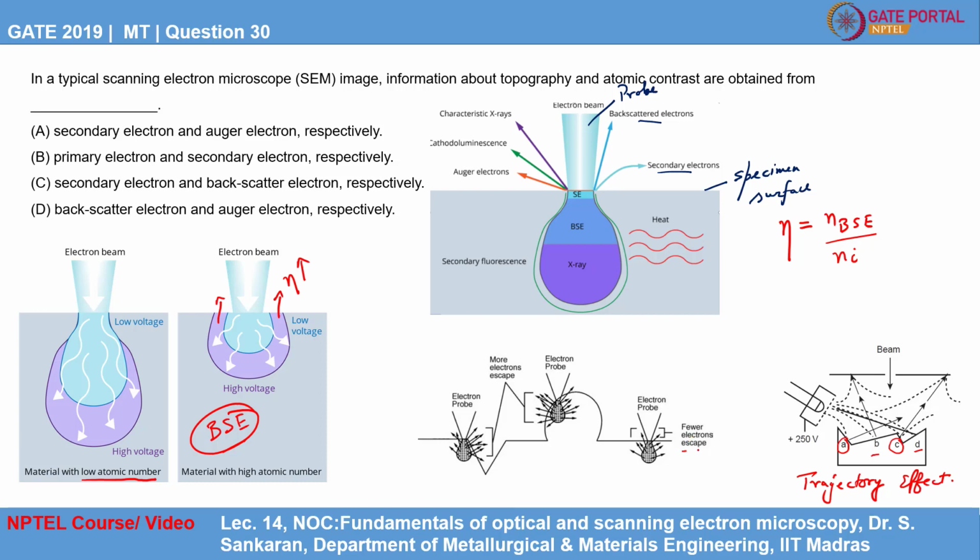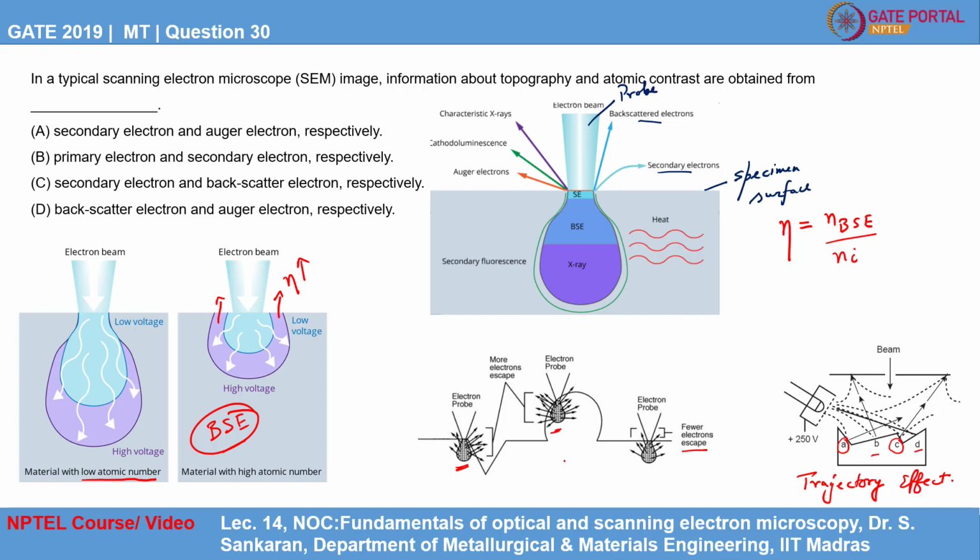So here fewer electrons are escaping from the surface as compared to when the electron beam is hitting the surface at an angle, like in these two cases. Hence, due to this effect, there are certain areas of the specimen, like edges of a spherical particle, the raised areas or the cavities, that will appear brighter as compared to the flat surfaces.